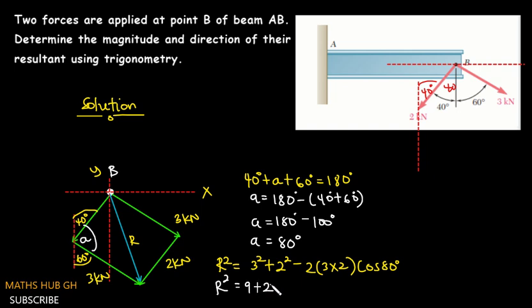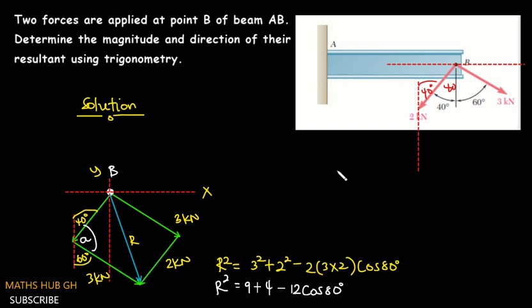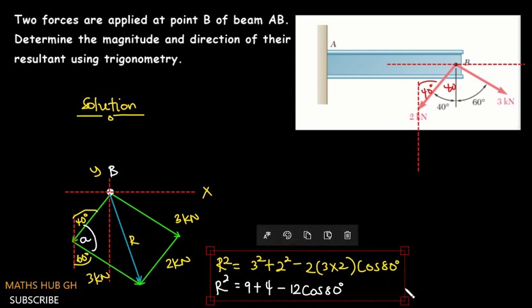So 9 plus 4 minus 6 multiplying 2, that gives us 12. So minus 12 cosine of 80. So let's simplify this and see what you are going to get. Let me clean this and then move this up.